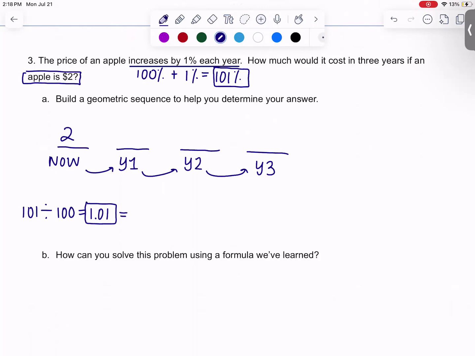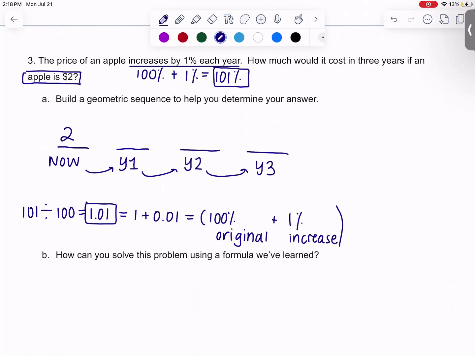And we know 1.01 is really just 1 plus 0.01, or the 100% original plus a 1% increase. And so that's what we're going to multiply by every year.